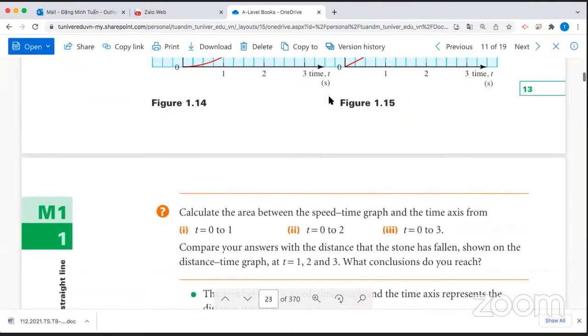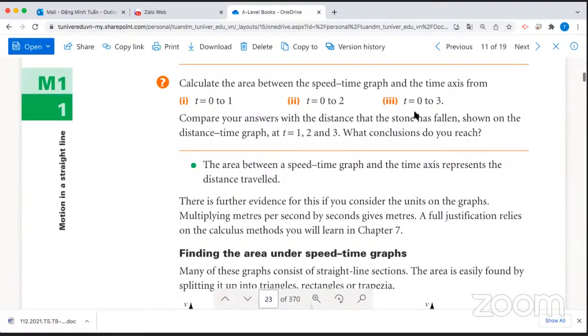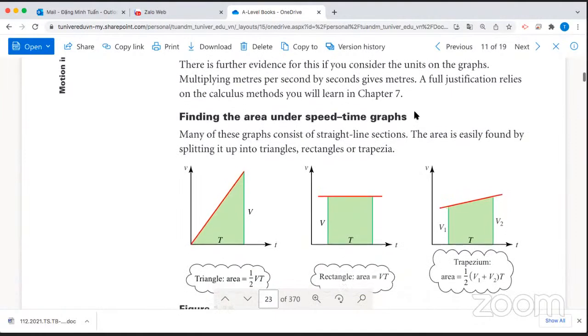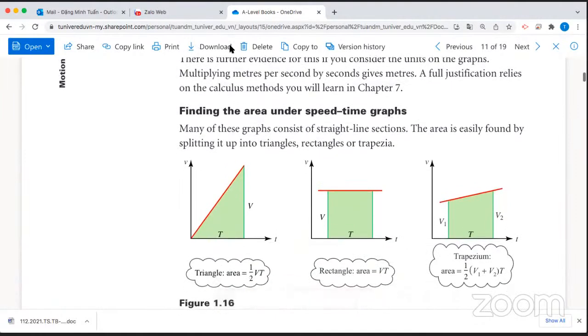Thus, we apply this only for the speed time graph. Look at this one, only the speed time graph, to find all of these areas. The area of this one represents the distance traveled. That's the important thing for you.